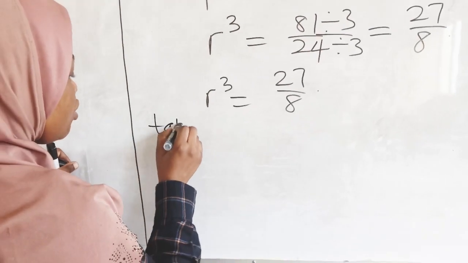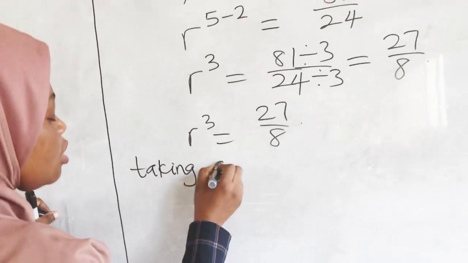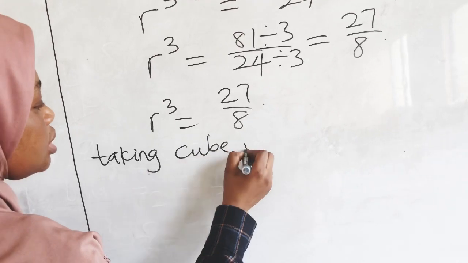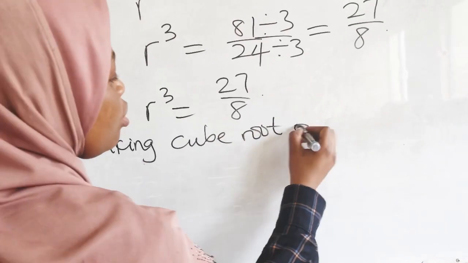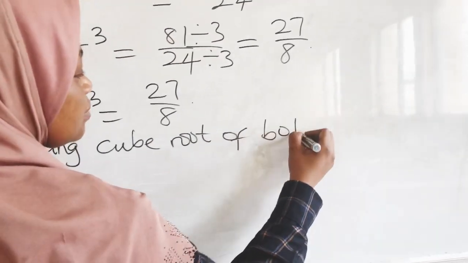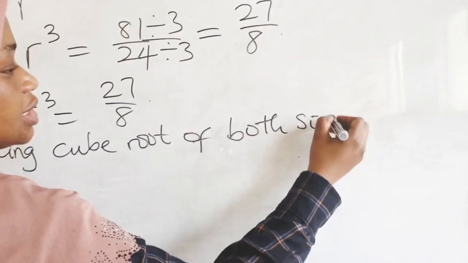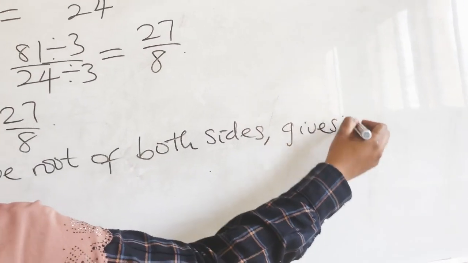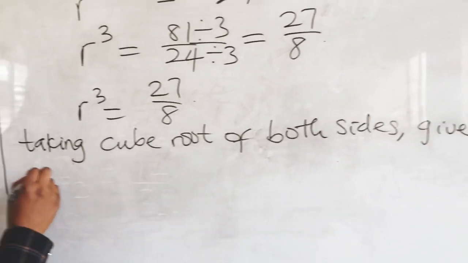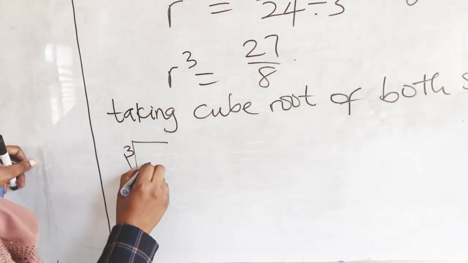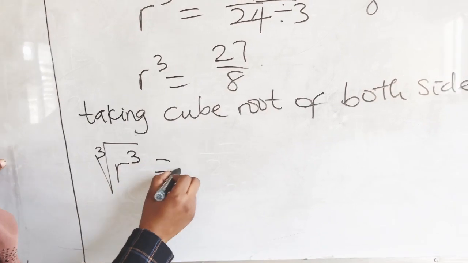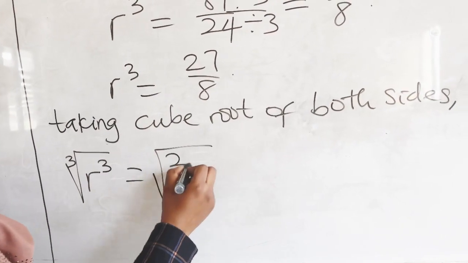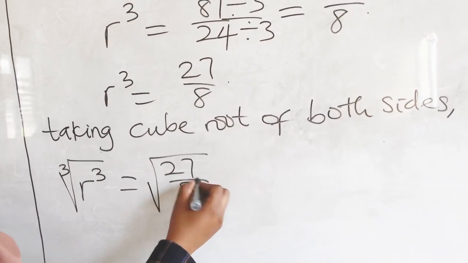Taking cube roots of both sides gives the following. So cube root of R raised to the power 3 is equal to cube root of 27 over 8.